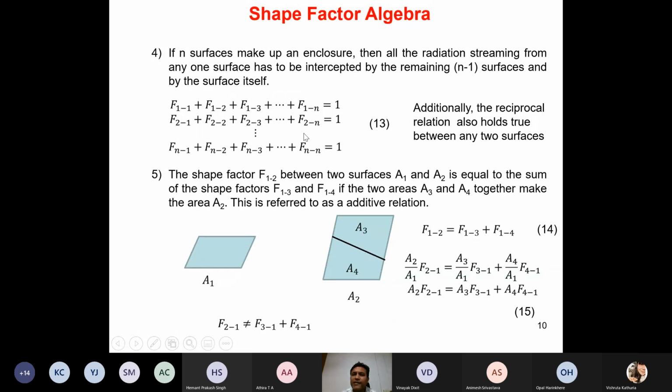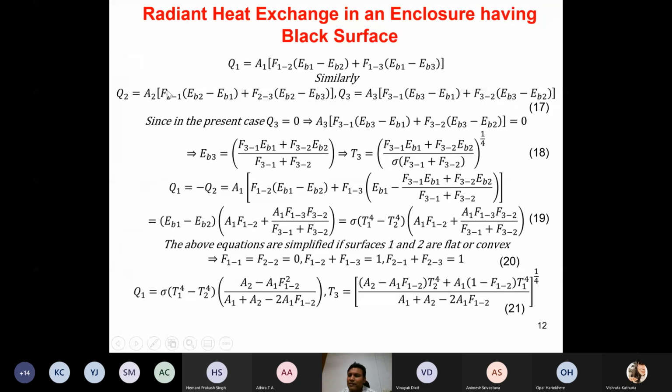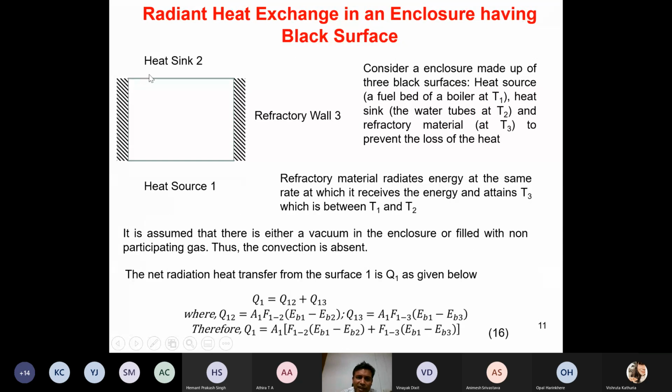What this fourth property is saying: the summation of the individual shape factors for n surfaces is going to be equal to 1. So we can write that fourth property here as F11 plus F12 plus F13 equals 1, and F11 and F22 both are equal to 0, because we are assuming that these surfaces are flat surfaces.